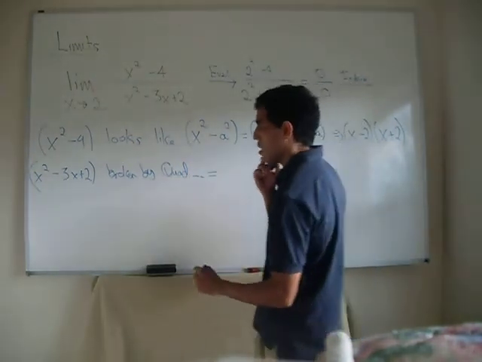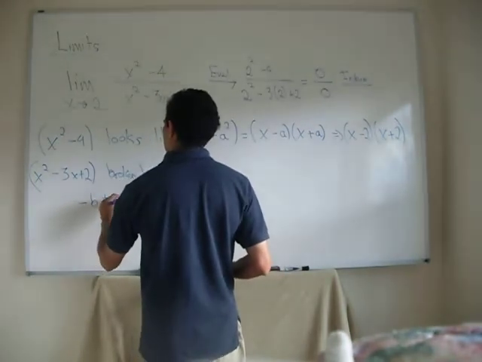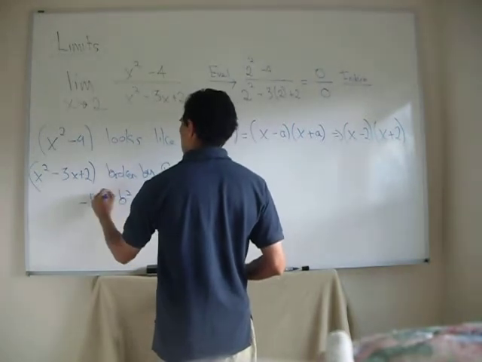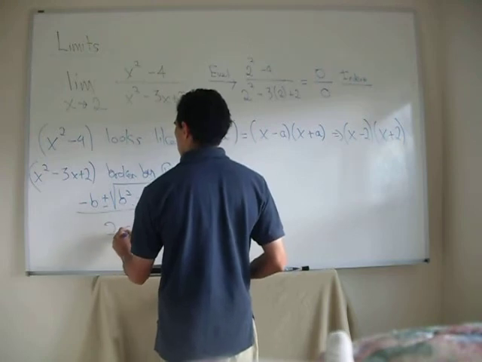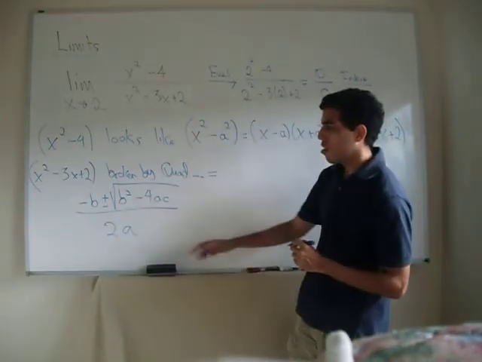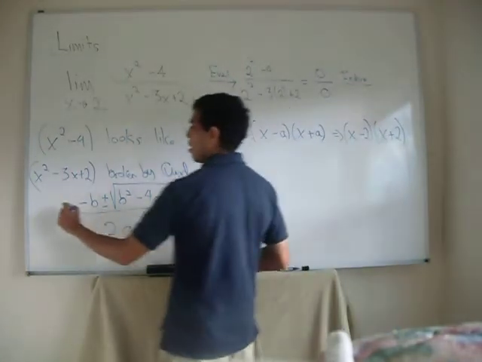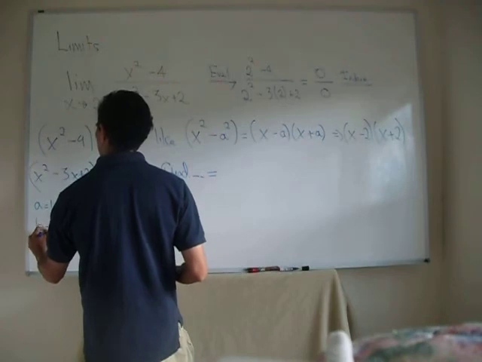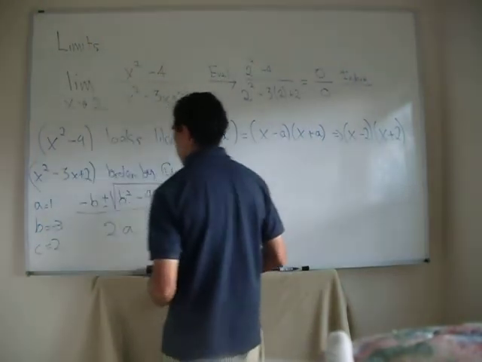Well, we have something like minus b plus minus square root of b squared minus 4ac over 2a, okay? In this case, a is 1, b is minus 3, and c is 2.